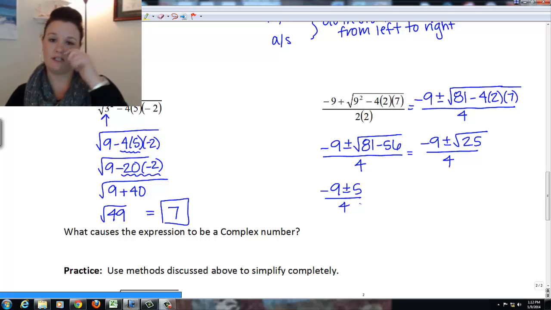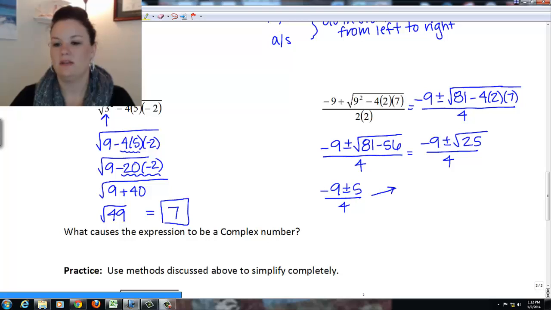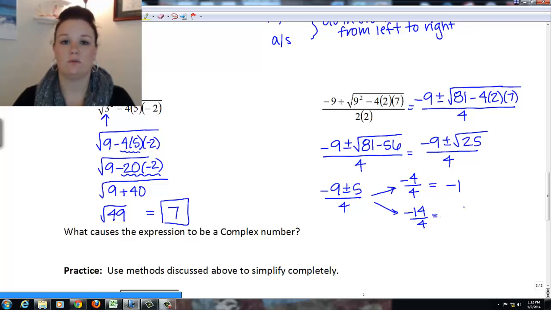Now I want to get my two answers on top, and then I'll divide them by 4. So negative 9 plus 5 gives me negative 4 over 4. And if I do negative 9 minus 5, I get negative 14 over 4. And then I just reduce each one. On the first one I get negative 1. On the second one I can reduce by 2, which gives me negative 7/2.